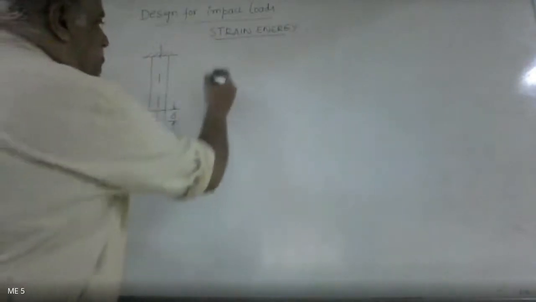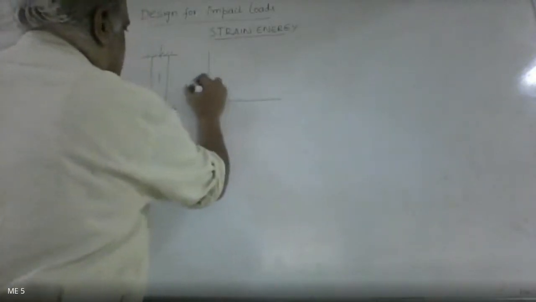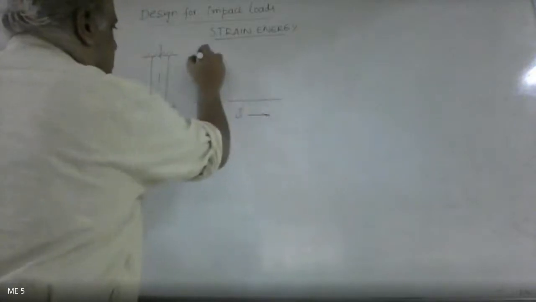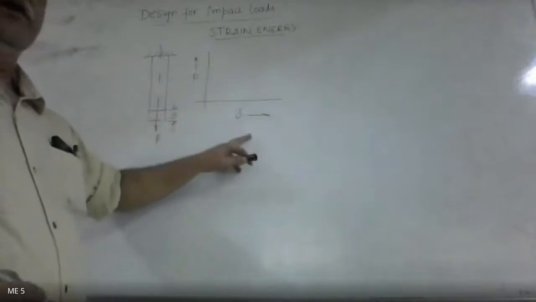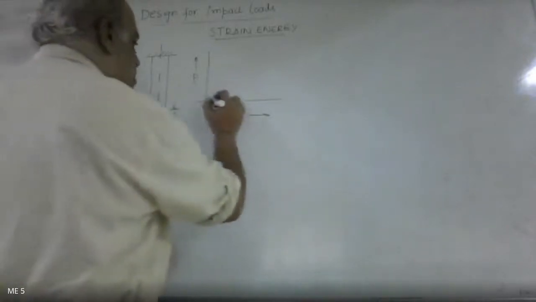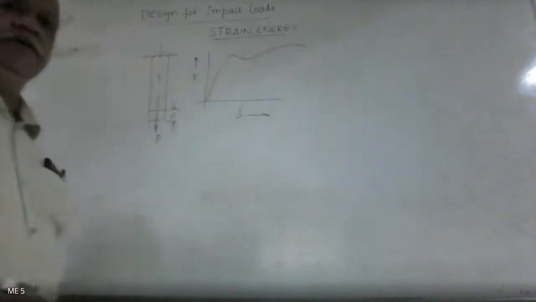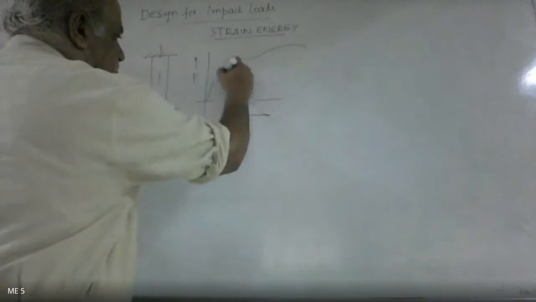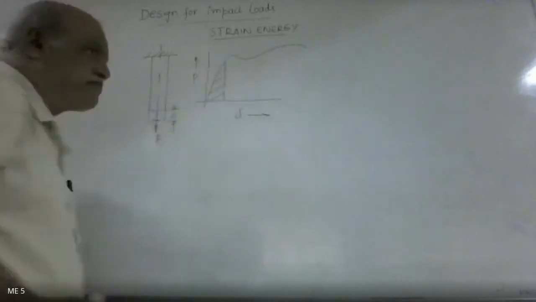When I plot load versus deflection, this is P and this is delta. It is like a stress-strain diagram, but instead of stress and strain I have taken load and deformation. When you plot that, you get a curve something like this, correct? And up to the elastic limit, this is the elastic limit that I am going to get.